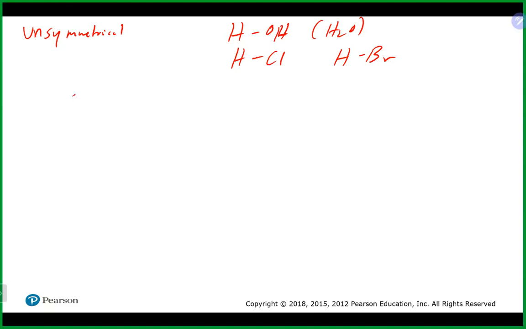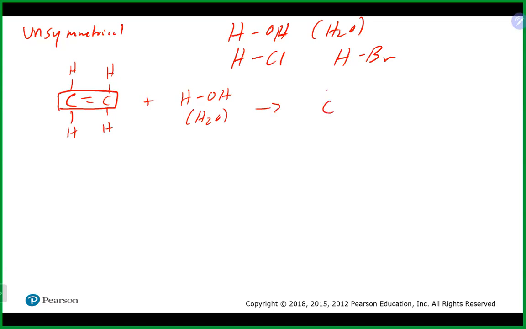So, for example, if we look at this here and we wanted to add water, which is H2O, the same thing's going to happen. We're going to turn our double bond into a single bond, and once again, everything is going to be exactly the same.